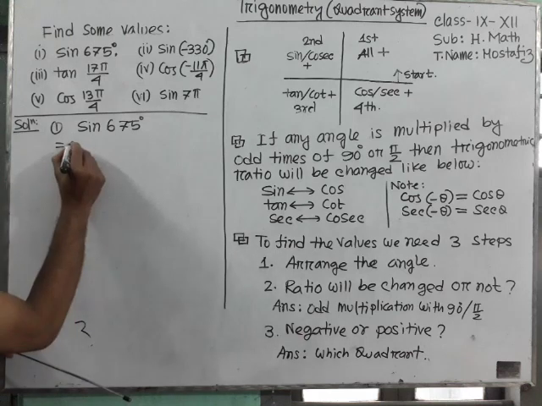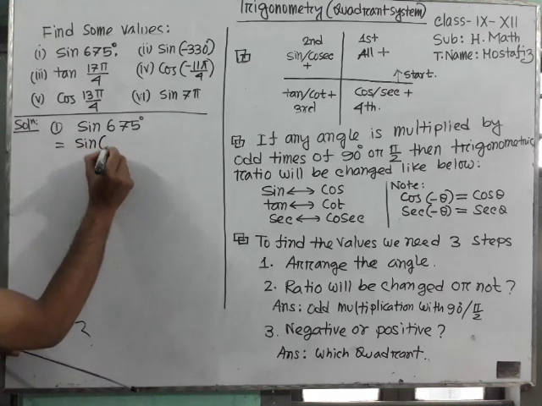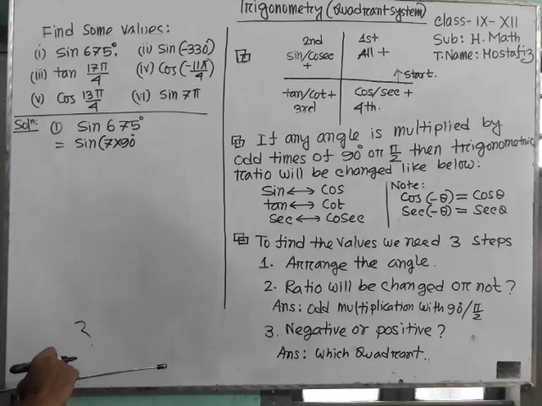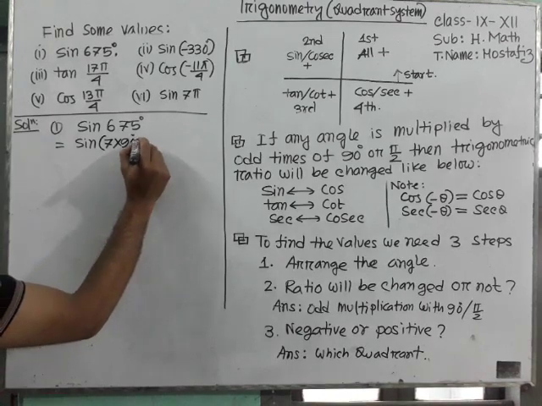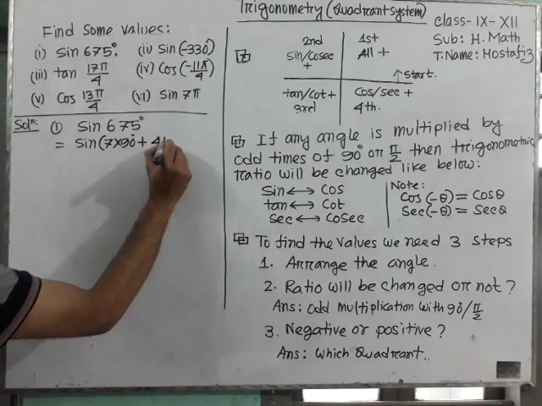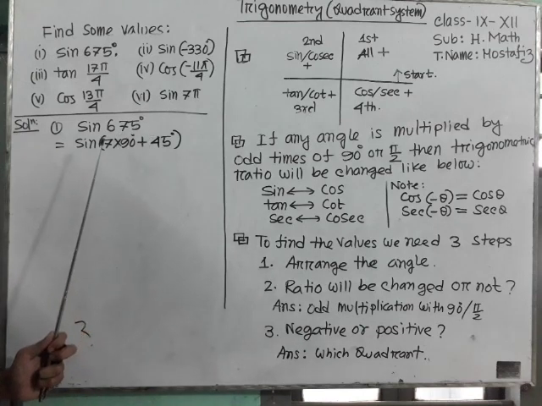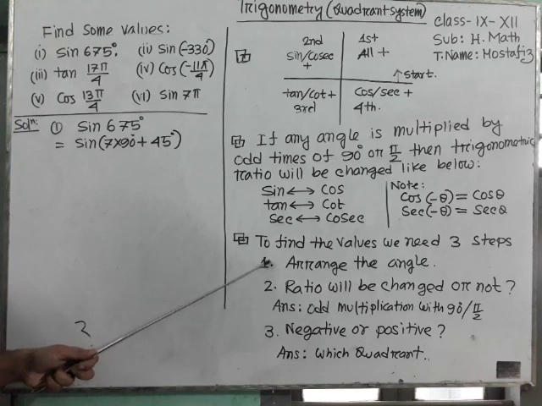Sine, it will be 7 into 90 degree. So 7 into 90 degree is 630 degree, plus 45 degree. I have just arranged it: 675 degree is 7 into 90 degree plus 45 degree. So the first step we have done, arrange the angle.